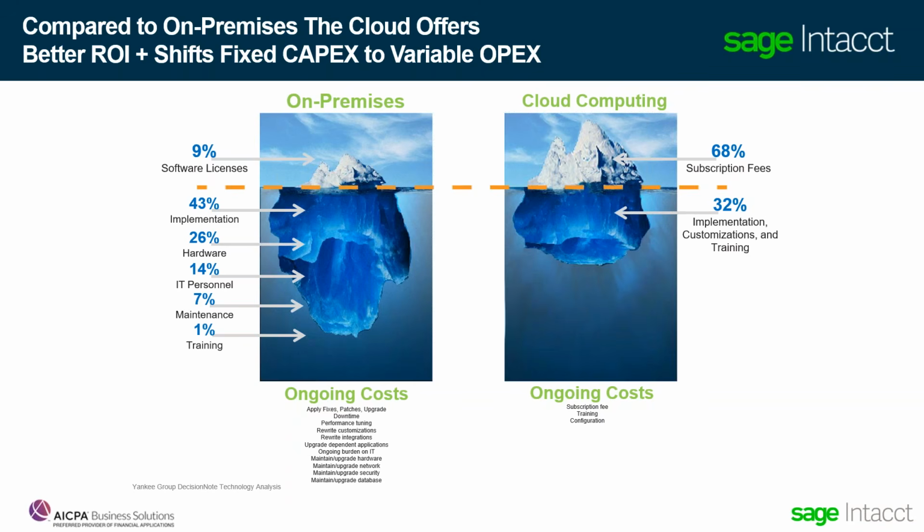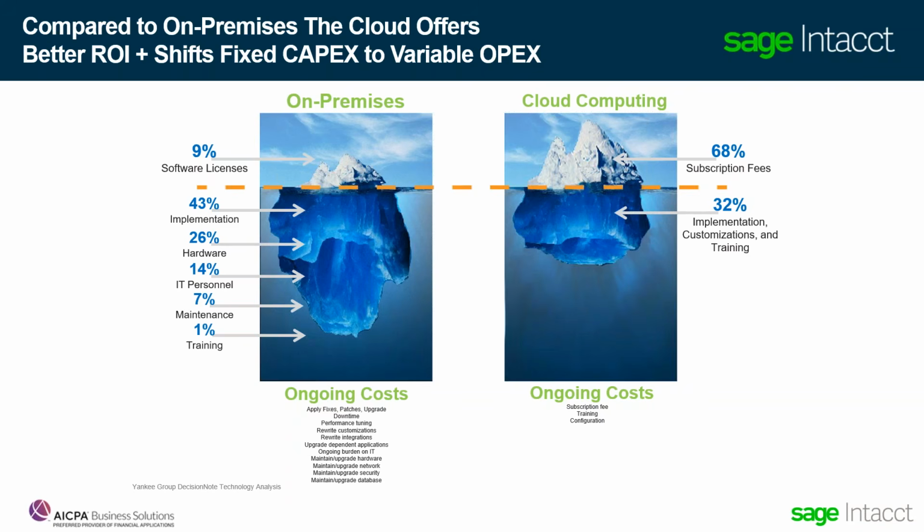When you compare that to cloud computing and look at the right-hand slide, you see that it's almost even. I mean, you look at the iceberg and there's quite a bit above the water and not nearly as much under the water. And when you look at that dollar amount or that percentage amount that's above the water, it's really encompassing subscription fees. And what's below the water are those one-time implementation costs and perhaps training, initial training.